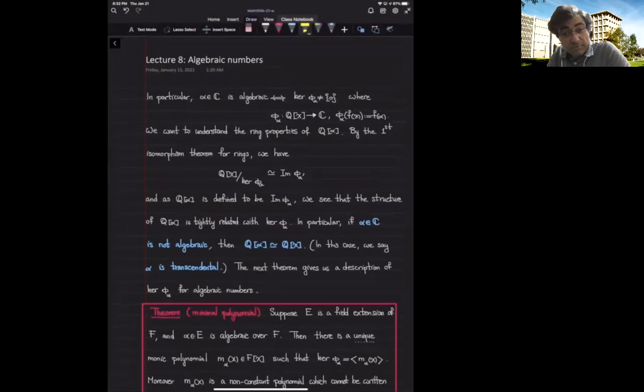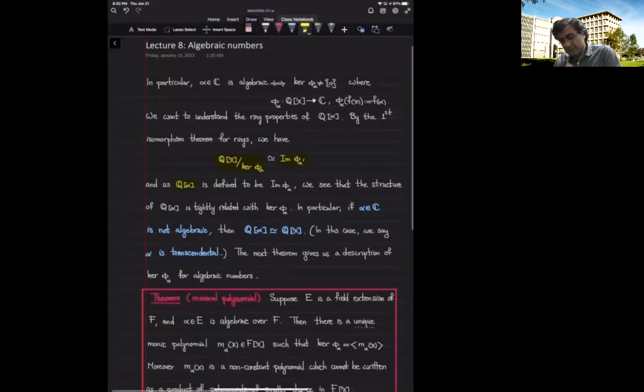By the first isomorphism theorem, we do know that the ring of polynomials over the rational numbers modded out by the kernel of the evaluation map is definitely isomorphic to the image, and the image is what we denoted by Q bracket alpha. So this means if I want to understand the ring structure of Q bracket alpha, I need to understand the kernel of the evaluation. Okay, that's one thing.